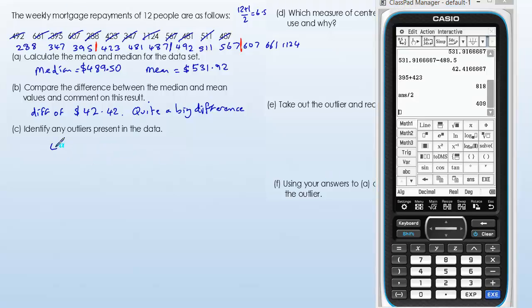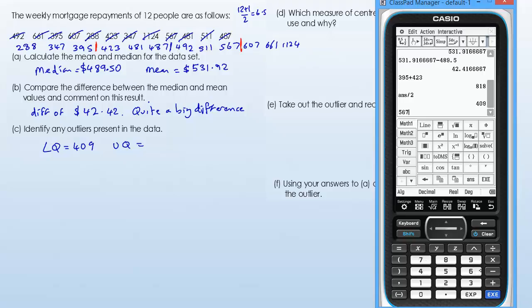So the lower quartile, let's get the eraser. The lower quartile is 409, and the upper quartile is between these two.